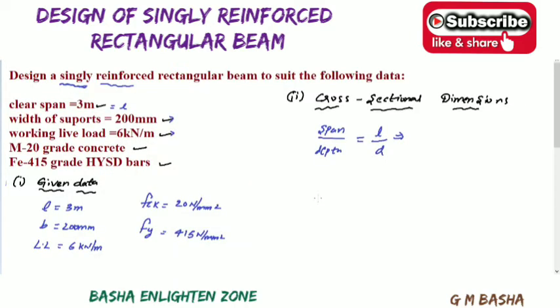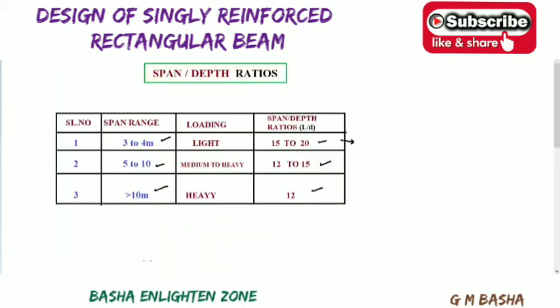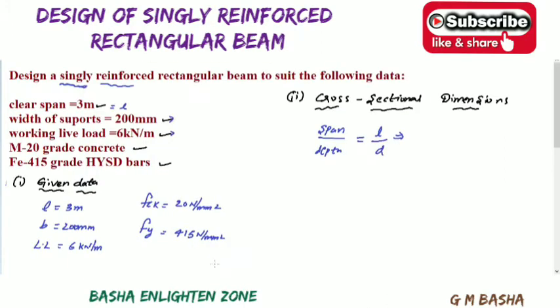So it will be in the range of 15 to 20. Already we know about this L, this is clear span, and d will be the effective depth. Therefore based on this I am finding the effective depth, d equal to L by 15 to L by 20.